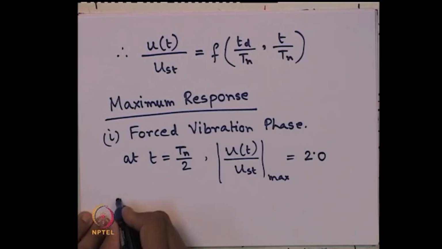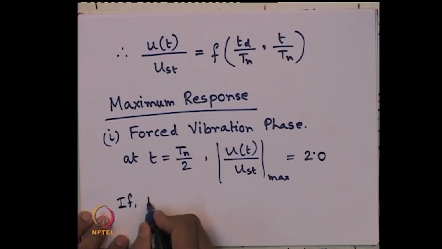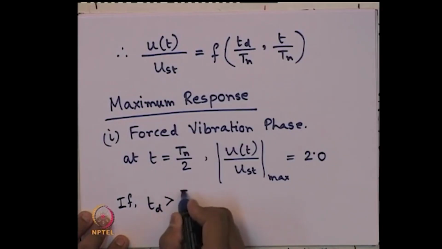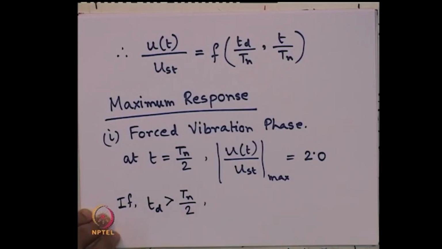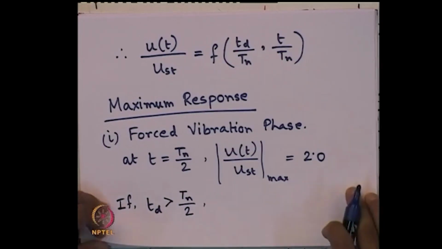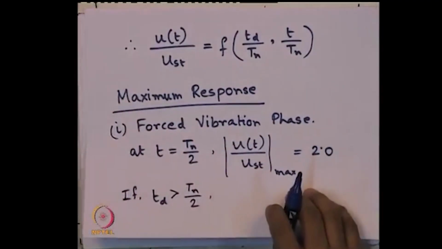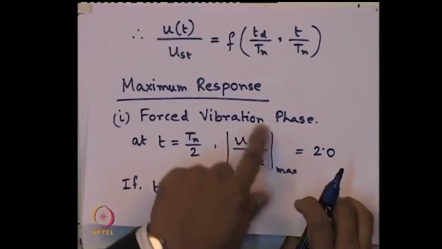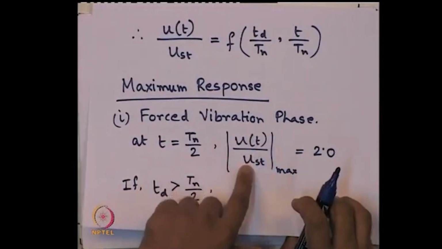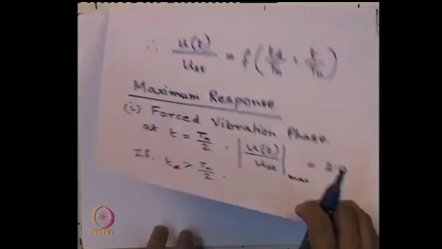Now, if your value of Td is greater than Tn by 2, then what happens? Then we have to see two solutions. What are those? Let us identify the response ut by ust, that is with respect to static.